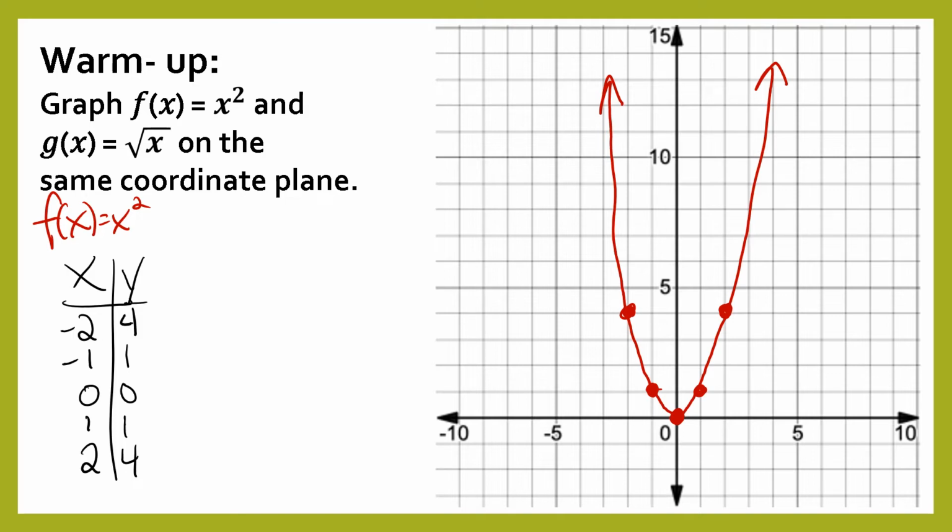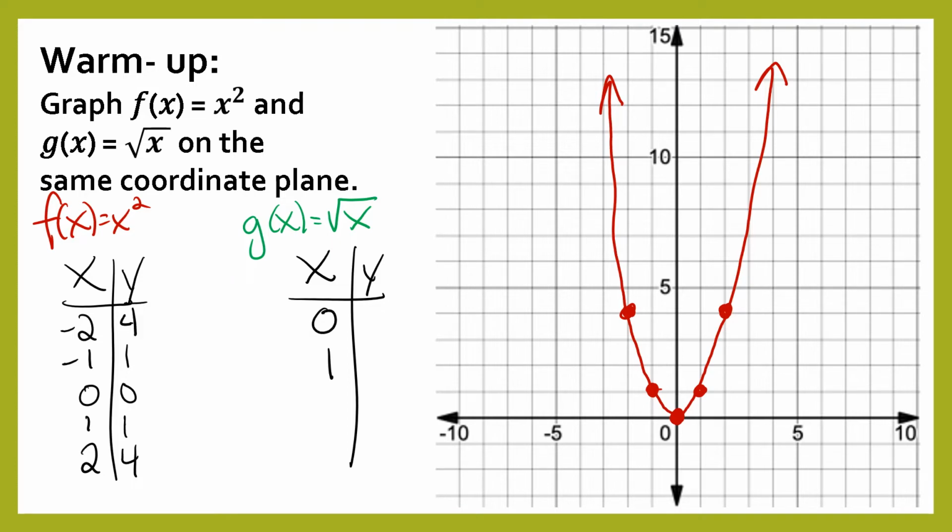Alright, so let's do g of x now. So we're going to plug in some nice numbers that we can square root. What were the numbers that we plugged in for x? 0. What was next? 1. Then what? 4.